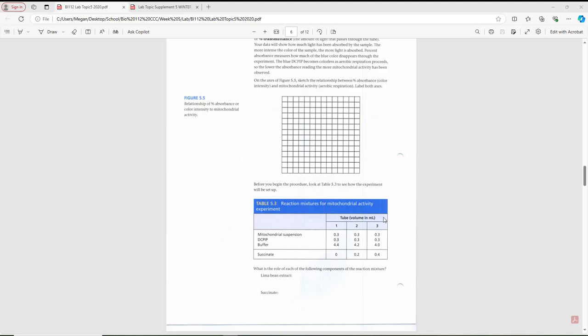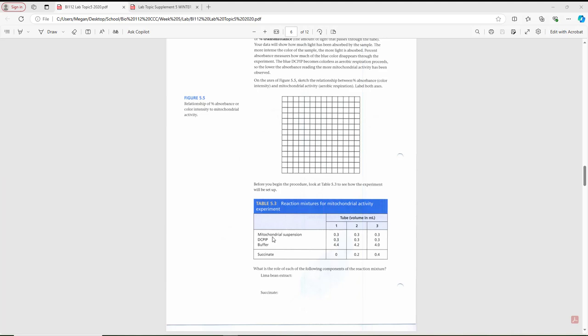So we have 3 test tubes. Each test tube gets mitochondrial suspension, so we're using lima beans. Lima beans being the seed of a lima bean plant, and there's plenty of mitochondria in there, so the powerhouses of the cells.